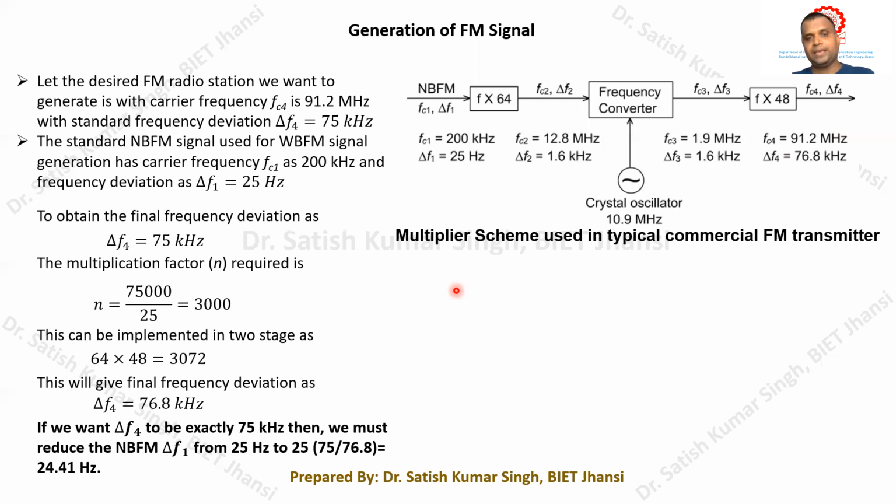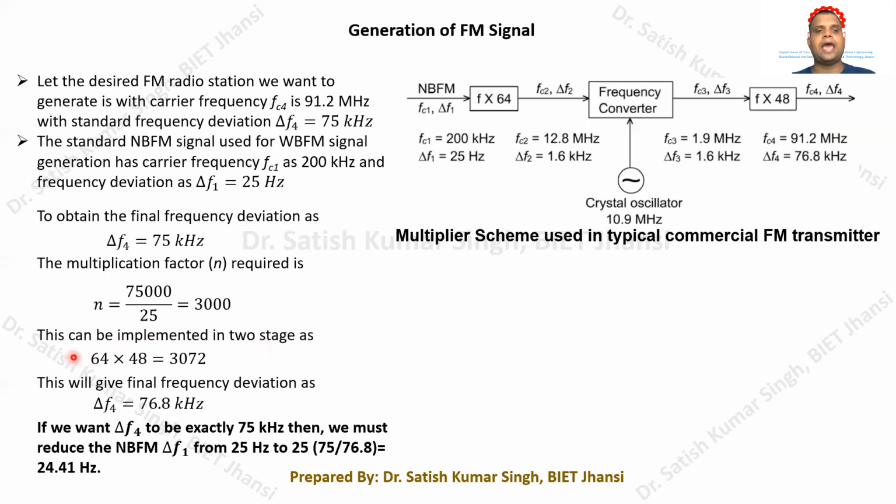Based on that concept, we can try to implement this particular multiplication factor of 3000. If exactly 3000 is not possible with a frequency doubler or tripler, you try to work it out in another way. You will not be able to get this multiplication factor exactly, so what you will find is that we can have this in 2 different stages.